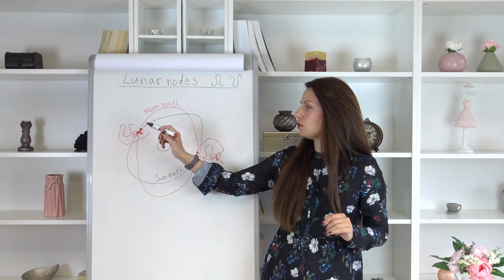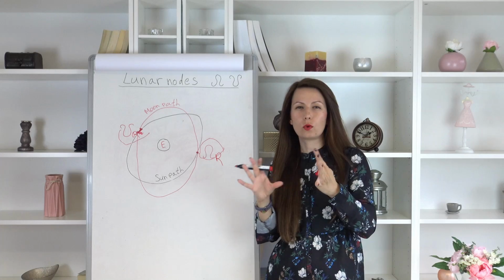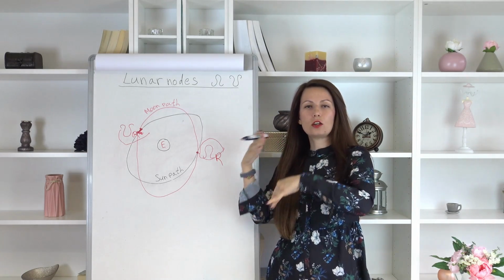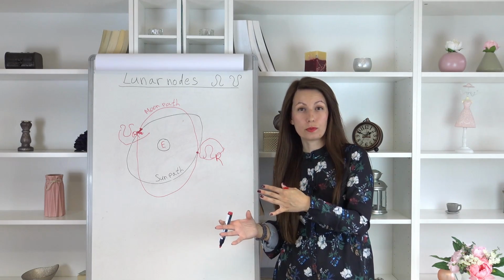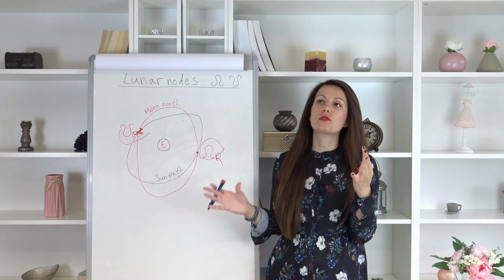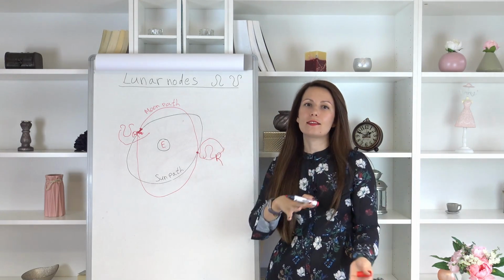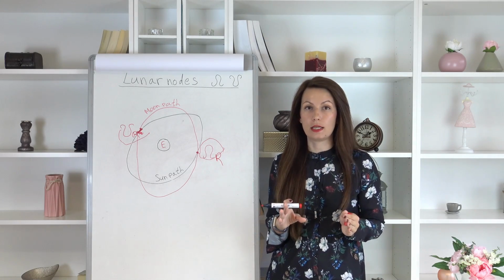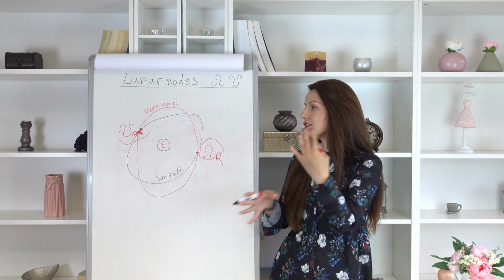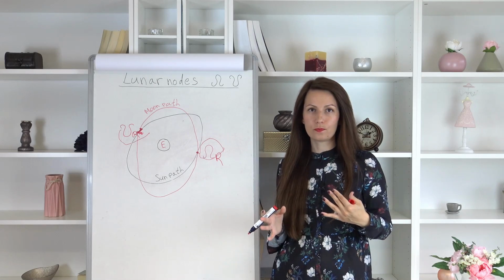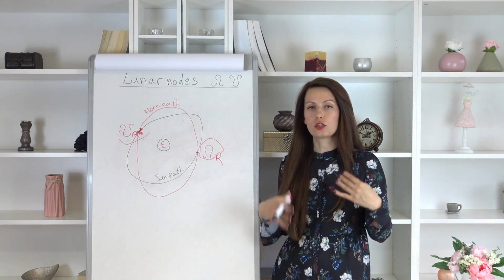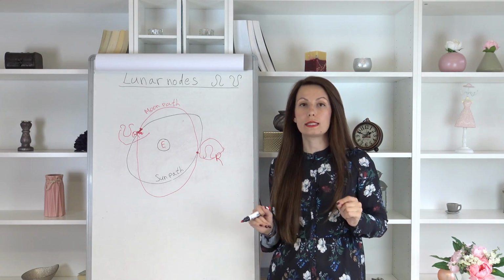Sometimes the lunar nodes might be direct for 1 or 2 days, and then they go back to being retrograde. They can be retrograde, for example, for 10 or 12 days, and then go direct for a couple of days as well. So the cycles are not so regular and not so long. As I said, sometimes it's just for 1 day.